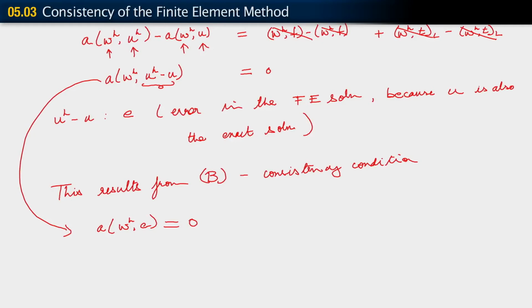Okay, now this bilinear form that we have, A, can be viewed as a mathematical generalization of the idea of taking a function, WH in this case, and projecting it along a different function, E in this case. Okay? So effectively what this is saying is that suitably defined, the projection of the error on our space of functions WH, right, or space of functions VH, that projection is 0.